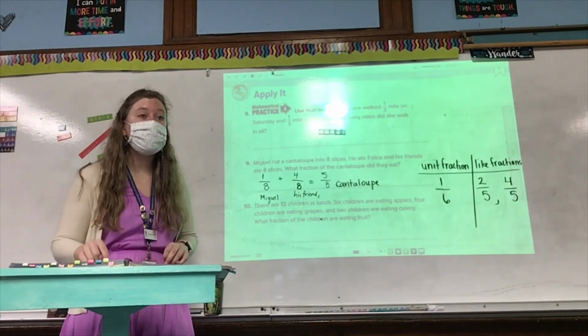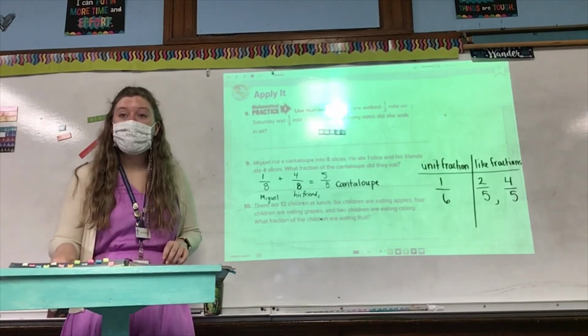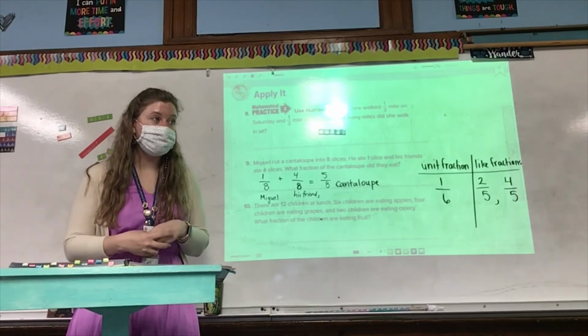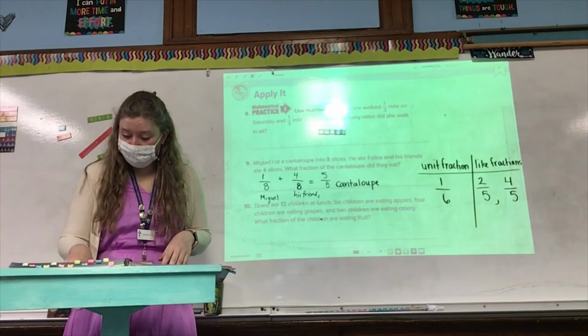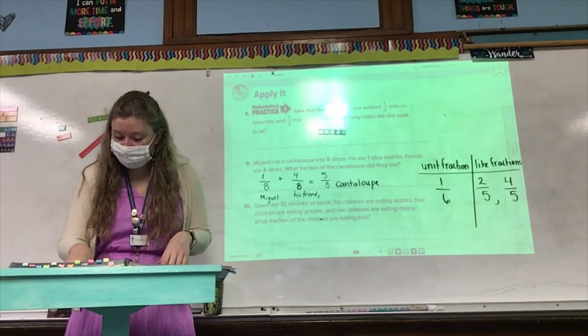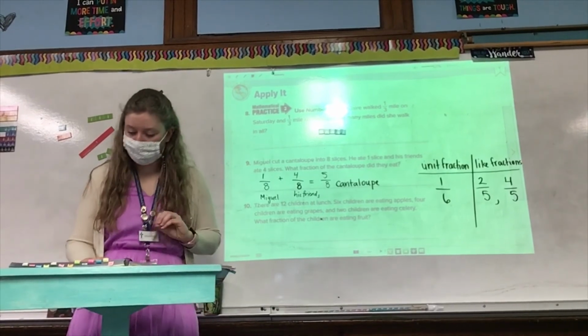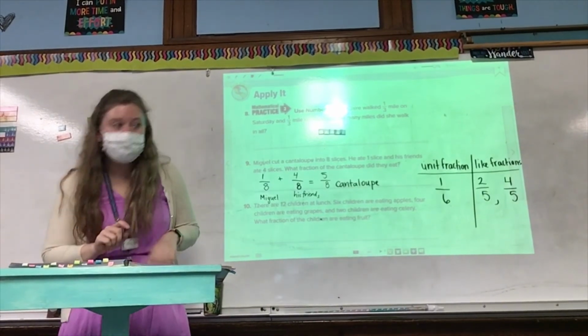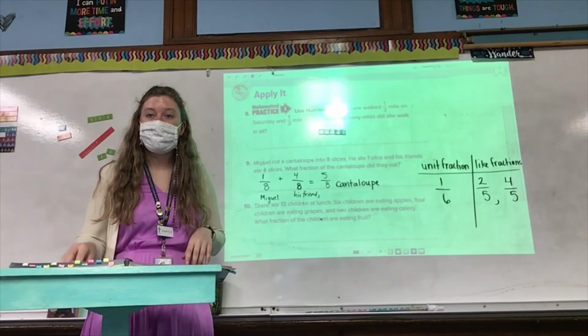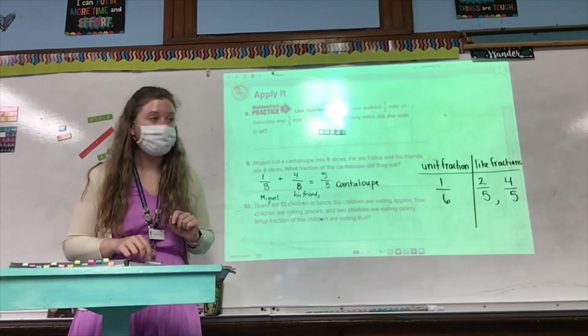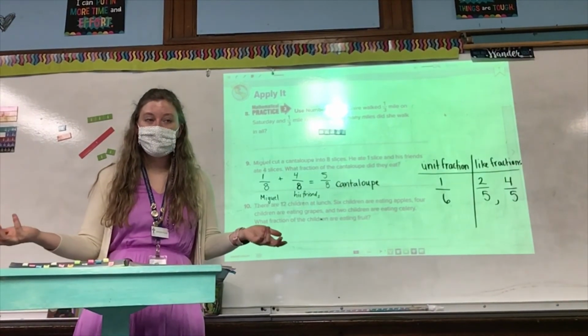So you have to figure out the first addend and the second addend and then add them together. It says write an addition sentence for each model, so you need the equation and the answer for numbers 5 through 8. You don't need to use your fraction tiles or fraction strips because you'll be doing them at home.